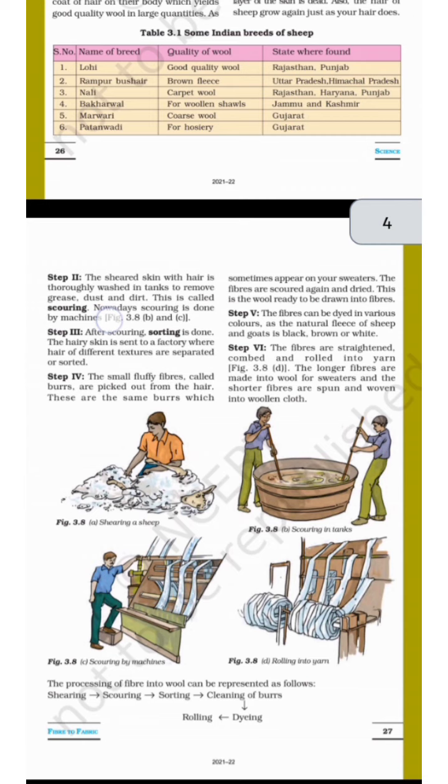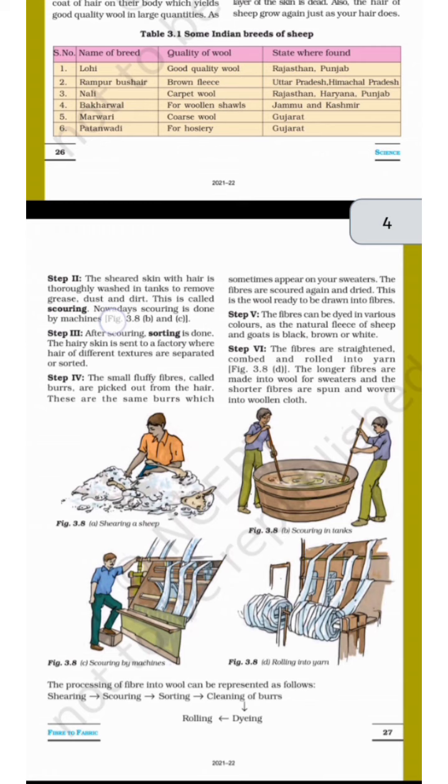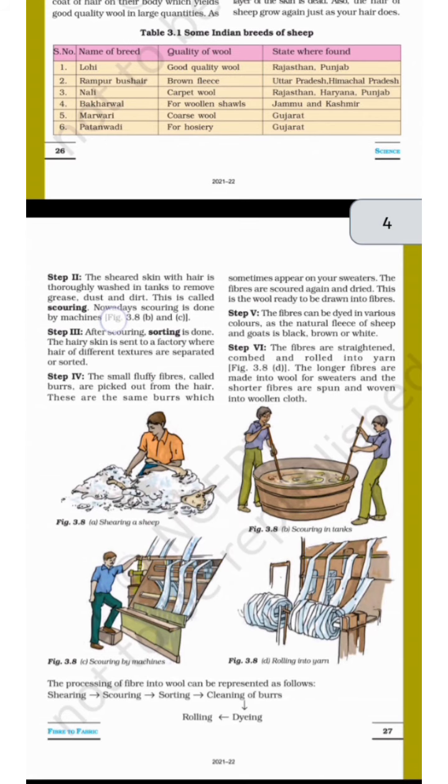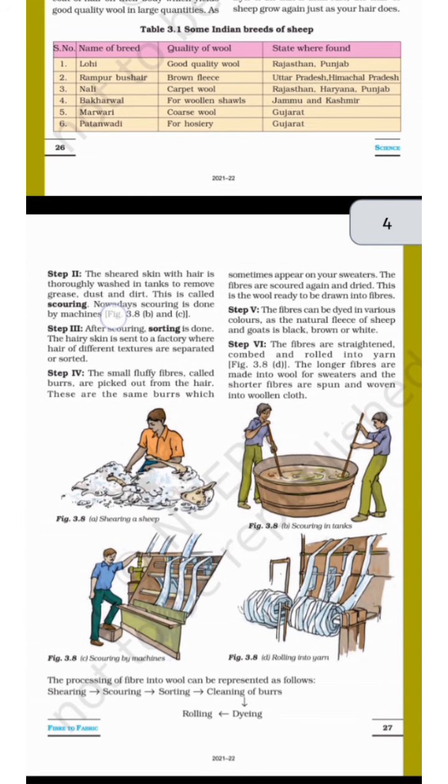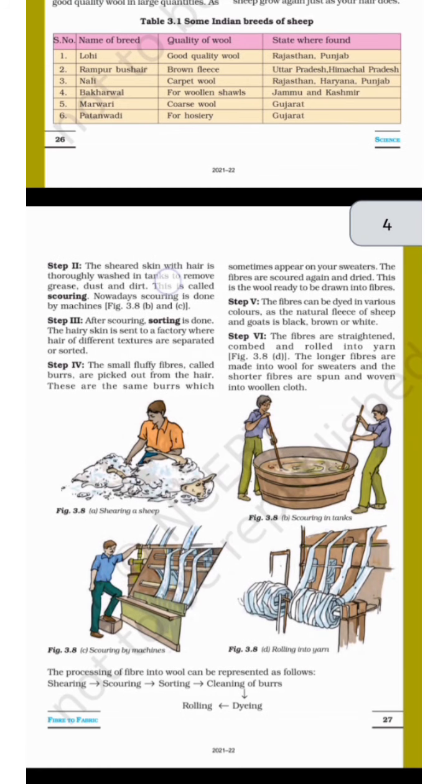Yes, the hair of sheep has so much dirt and dust inside, right? For making wool, we have to remove that. To remove the dust from the hair, we use the process of scouring. This is step 2 of the process of obtaining wool. In this process, the hair obtained from the shearing process is washed in tanks.